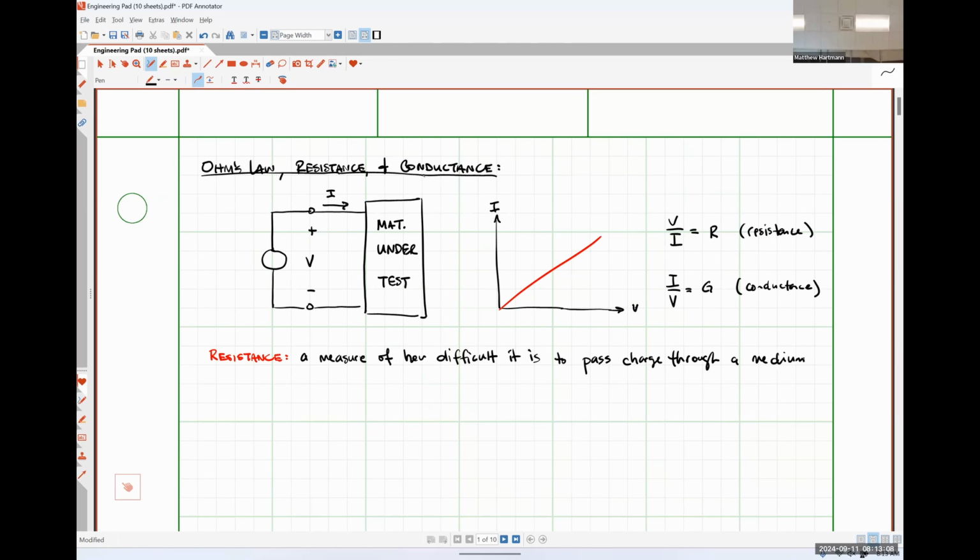I hesitate to use the word material here because realistically, there is a material property that is very related to resistance called resistivity that we're going to bring up in a little bit.